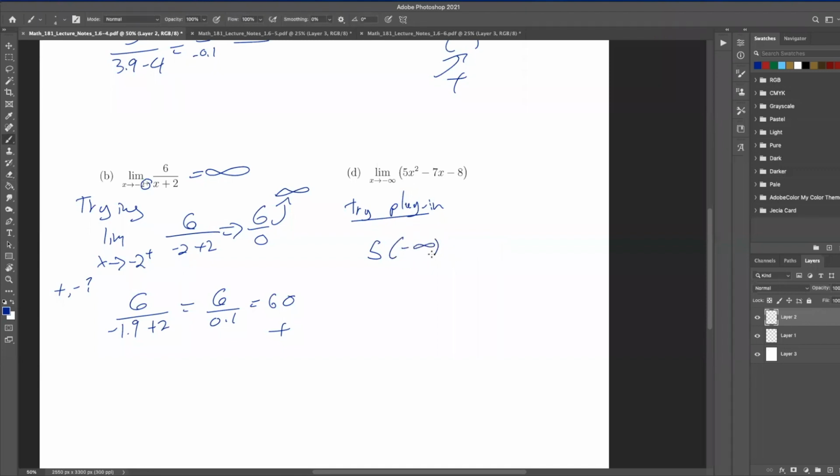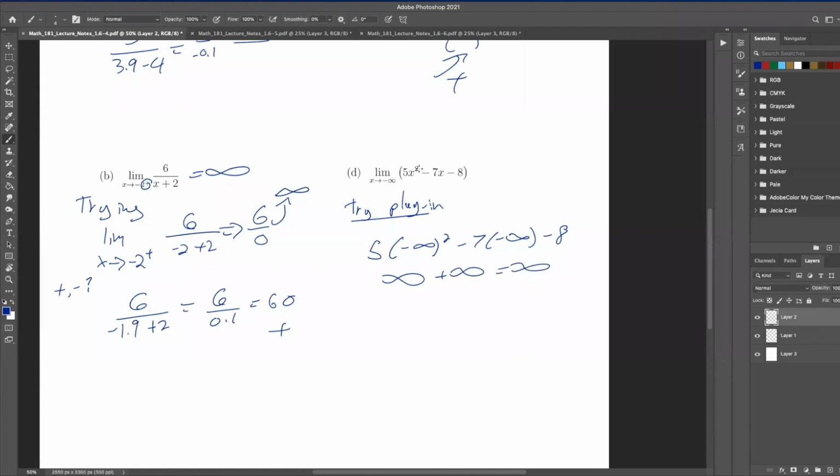Minus infinity squared minus 7 times minus infinity minus 8. Well, what does this end up being? Infinity squared is just going to be a positive infinity. Doesn't matter about the 5. And then negative 7 times the negative infinity is a positive infinity. So positive infinity plus positive infinity equals positive infinity.